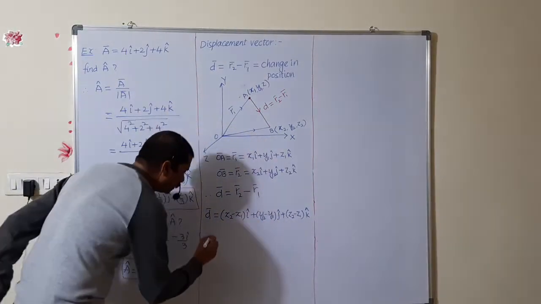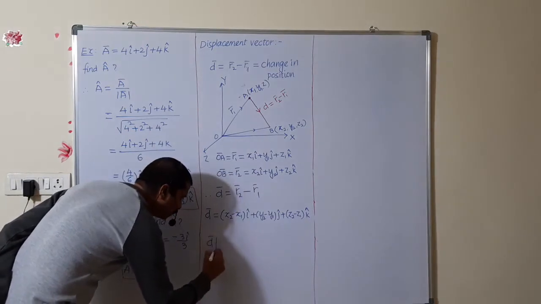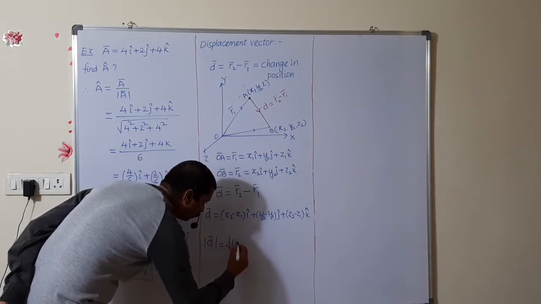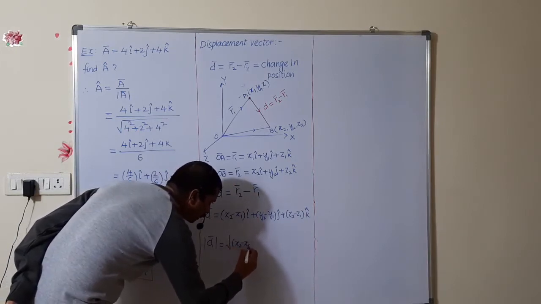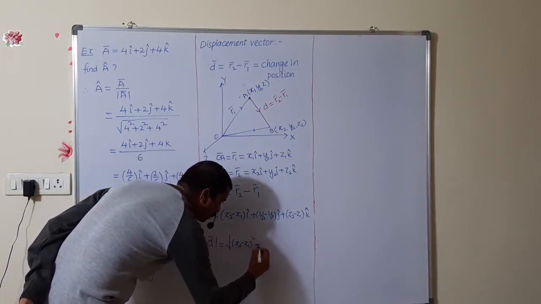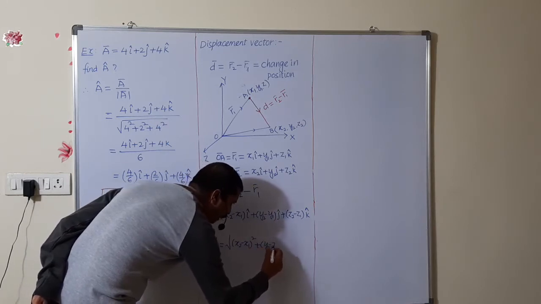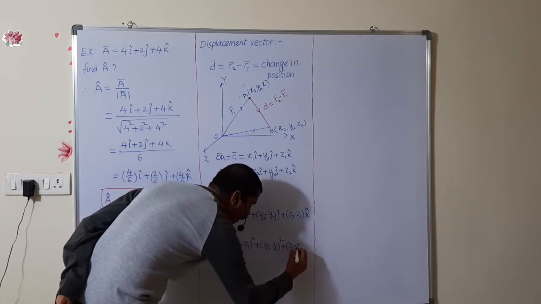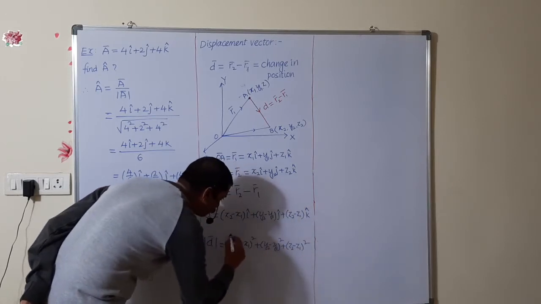If you want to find the magnitude of the displacement vector, we have to write it as the square root of x2 minus x1 whole square plus y2 minus y1 whole square plus z2 minus z1 whole square.